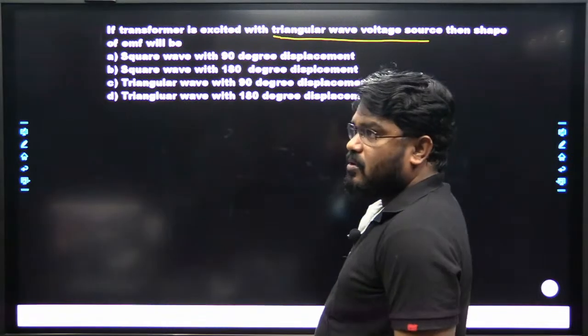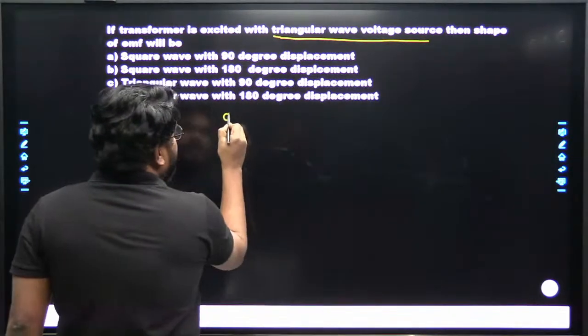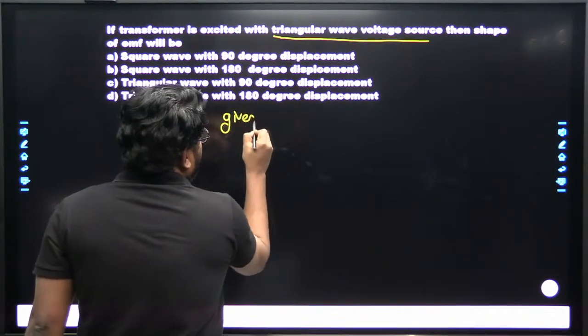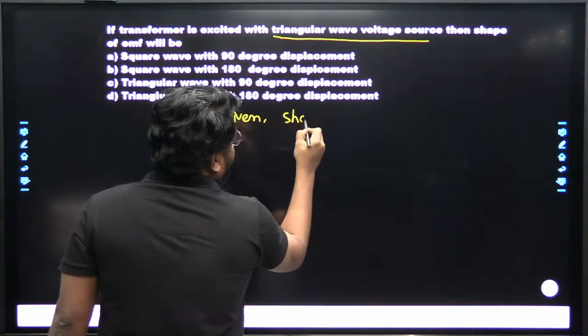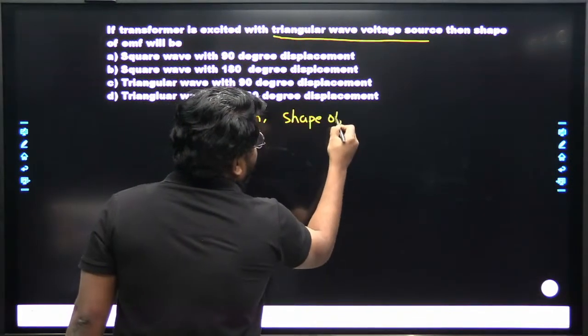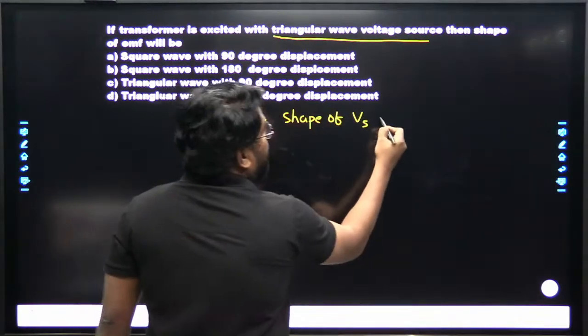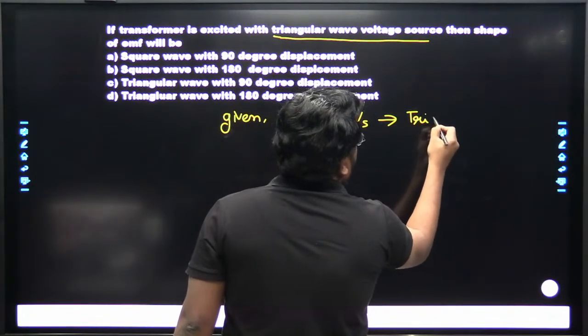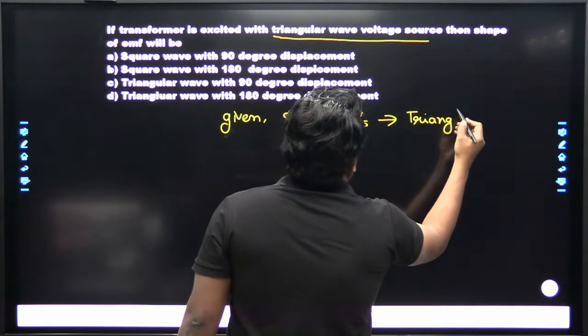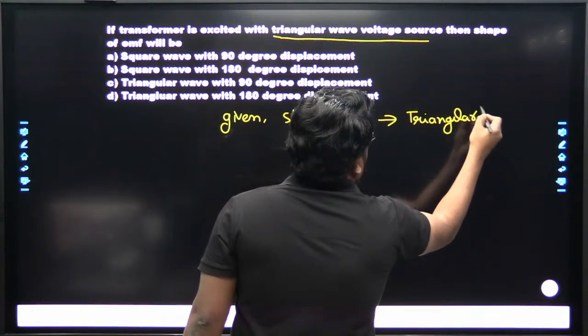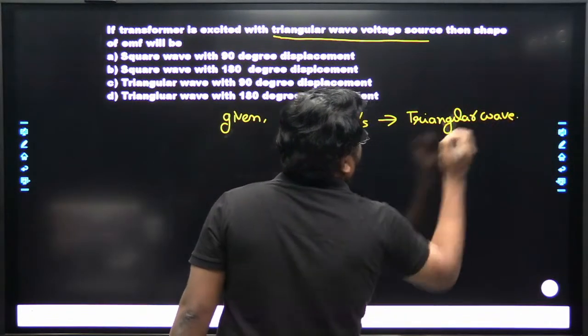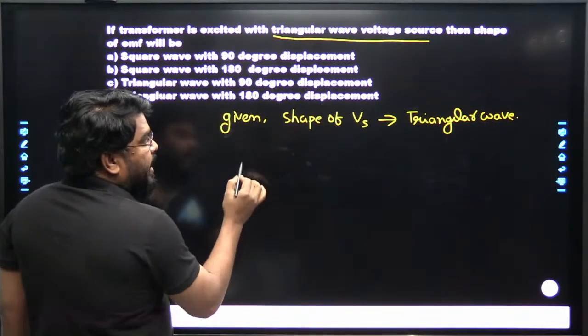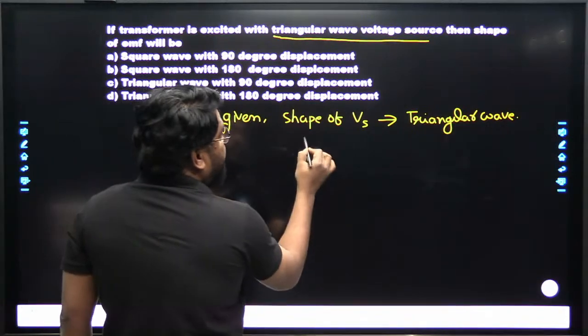Got it? Now we require the shape of the induced EMF.